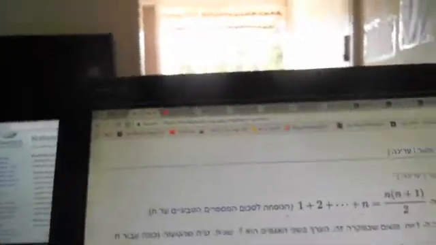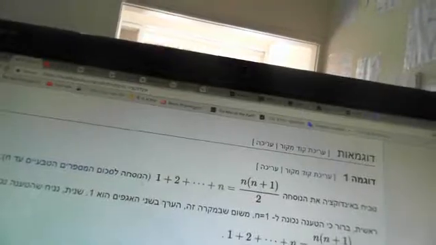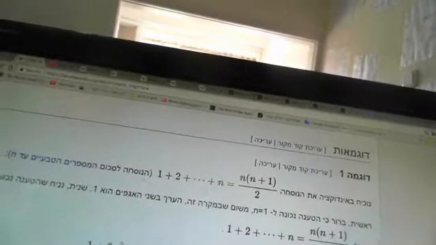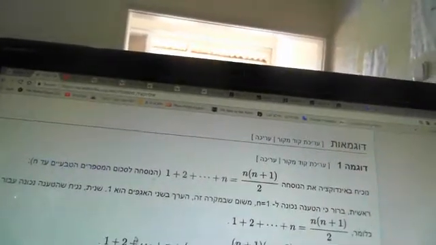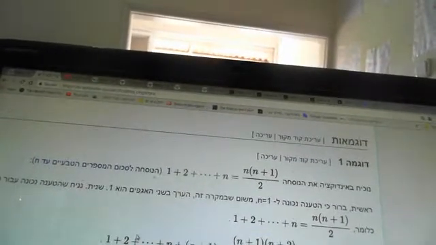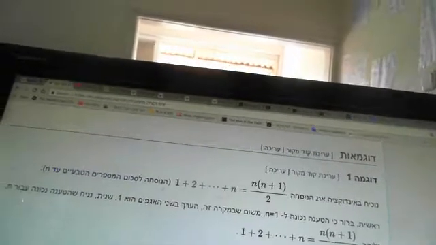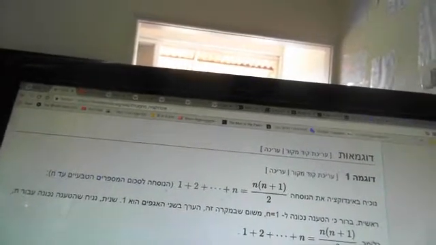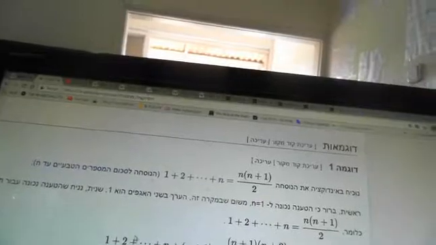We have the general equation that 1 plus 2 plus 3 plus 4 plus ... plus n equals n multiplied by n plus 1, divided by 2. That is the equation that needs to be proved, and we prove it by mathematical induction.